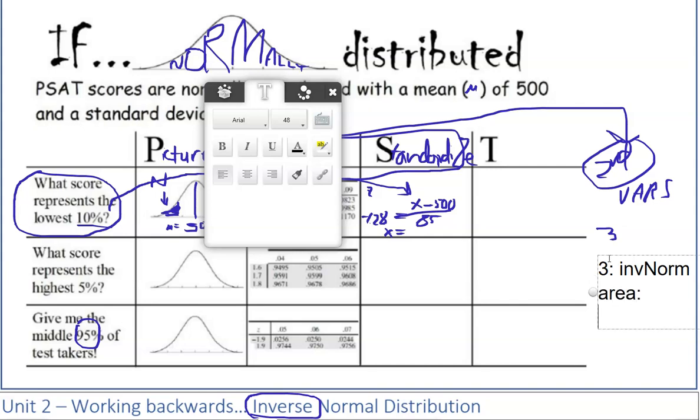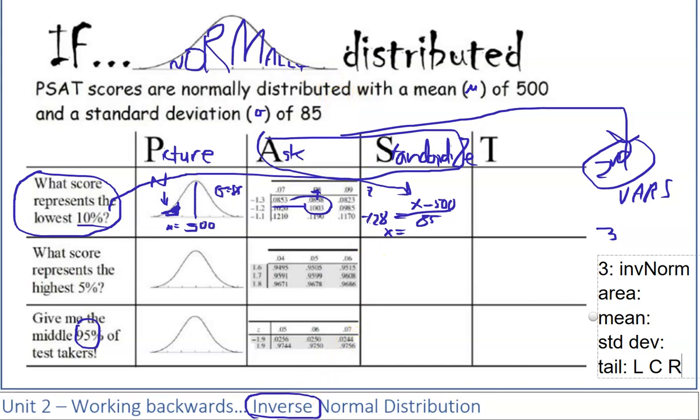So 3 gives you inverse norm, I think is the way it displays, and we're looking at these prompts: area, mean, and standard deviation. And then it says tail or something to that effect, and it allows you to choose, do you want the left, the center, or the right part of the tail? So that's really good news. Calculator makes this so easy. Well, we wanted the 10%, and so we're going to put 0.1.